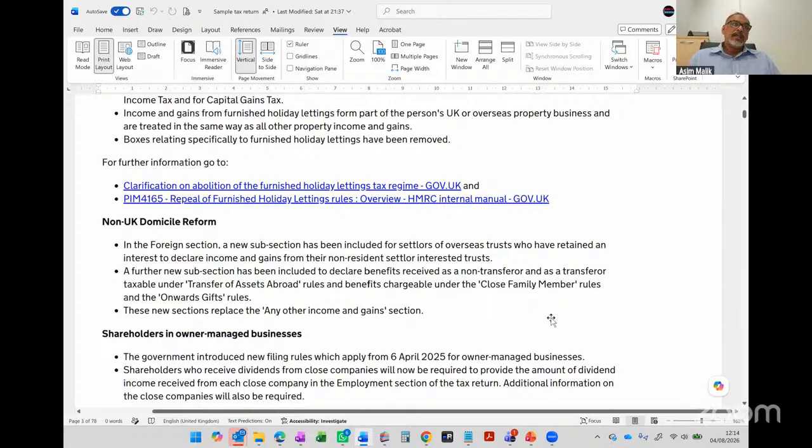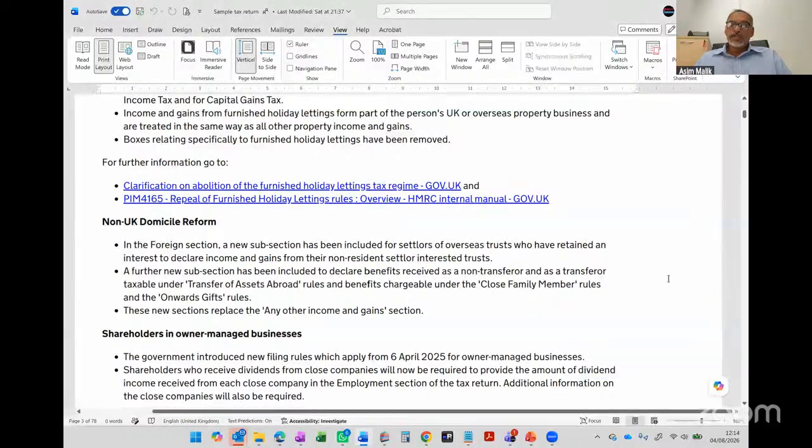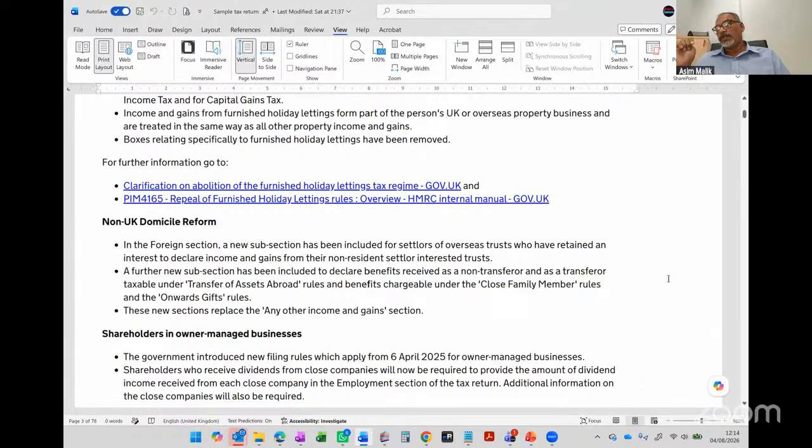Non-domicile rule, again, this is something that happened last year. And mainly it applies to people coming into the UK. लोगों के पास 4 years, 4 साल है to adopt the new rules.